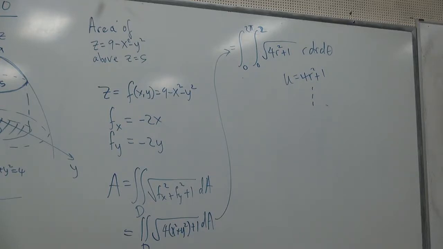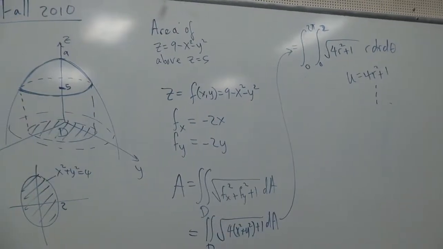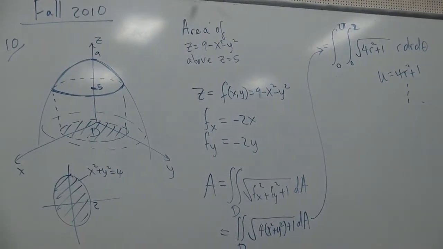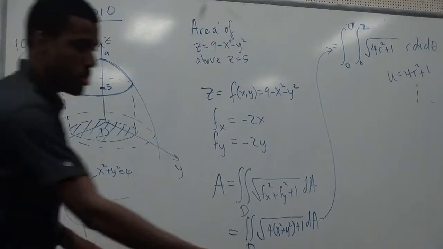What if I said to the left of the yz plane? That would be pi over 2 to 3 pi over 2, or negative pi over 2 to positive pi over 2. Yep. But everything else would be the same, just the limits would change. Okay. Other questions? 11, right?